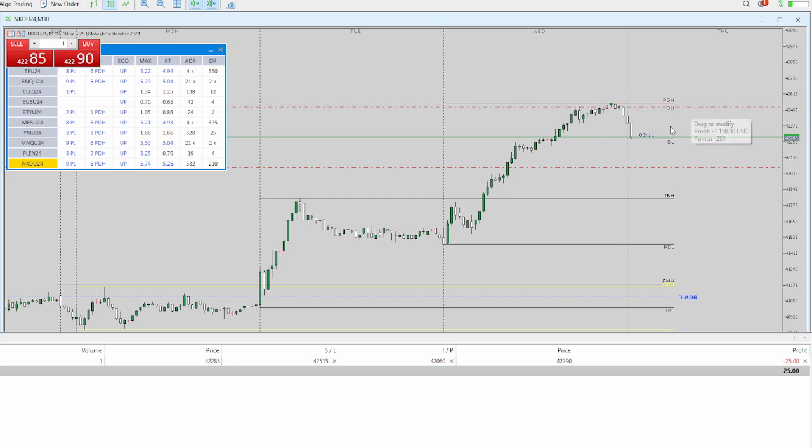In MetaTrader, it's going to feel the same. But if you were in TradingView, it would say sell, buy limit, buy stop here, and then buy limit down here. That's what it would say. But in the MetaTrader version of this, it's just real simple, right?